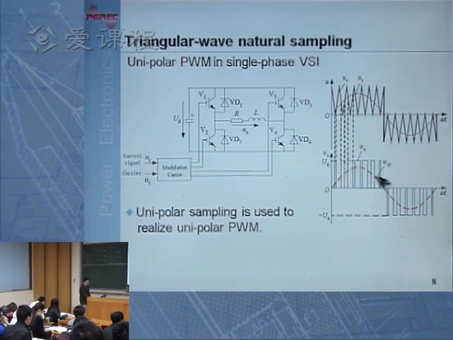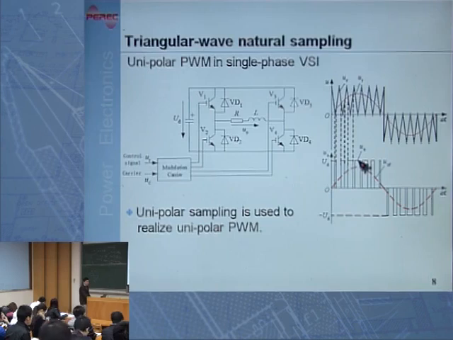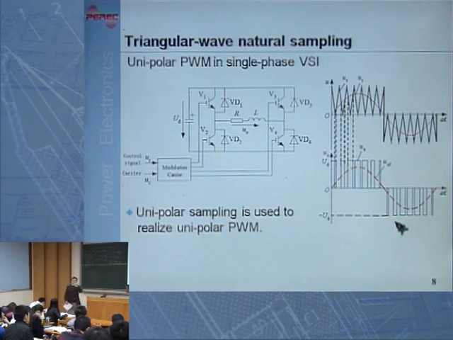Okay, for the positive half cycle, what we need to do is generate positive square wave and 0, so these two levels of output voltage. And for the negative half cycle, what we need to do is generate 0 and negative level of output voltage.